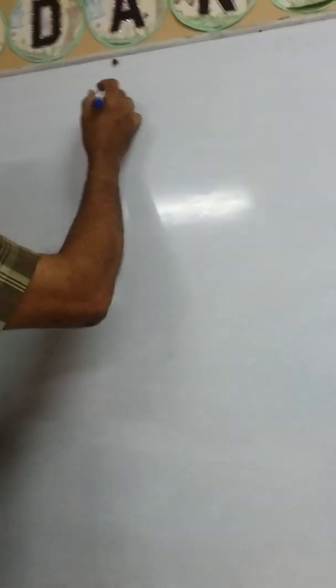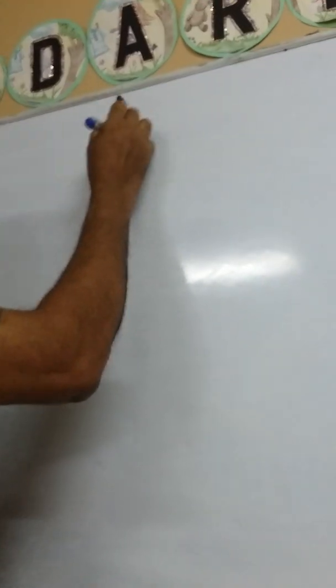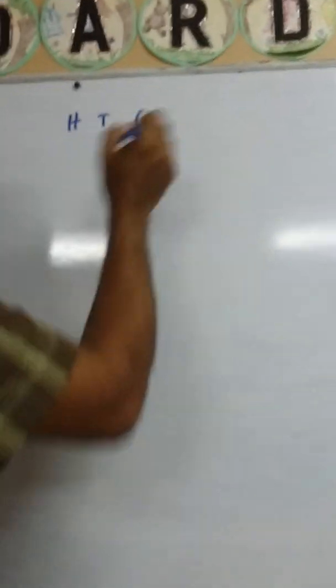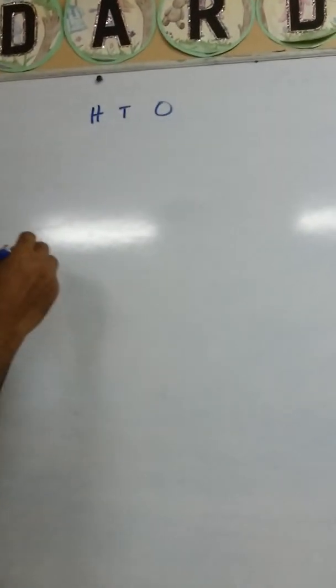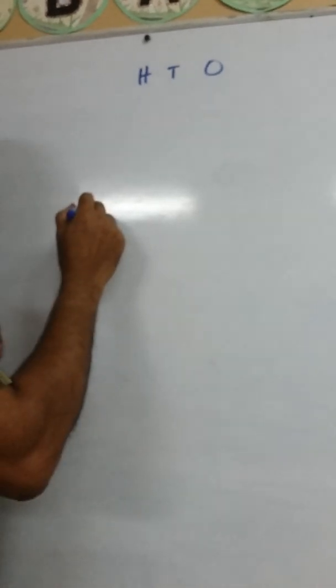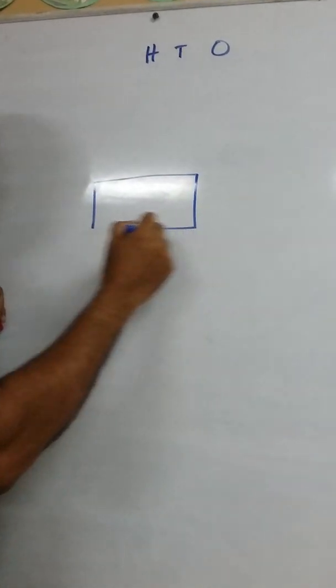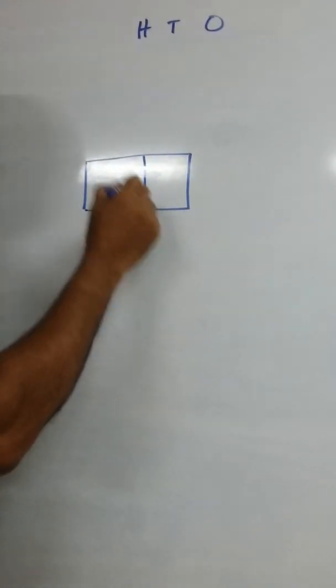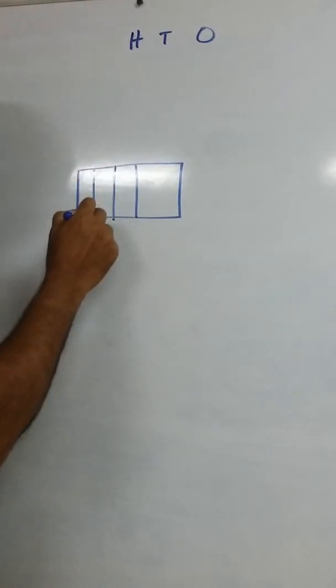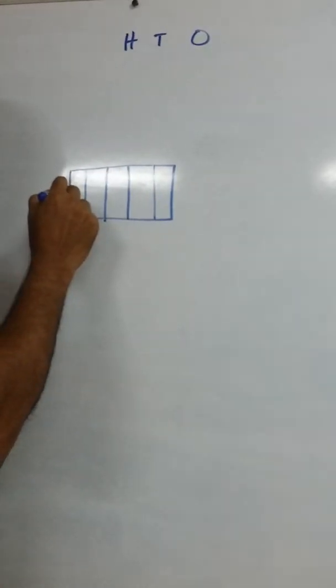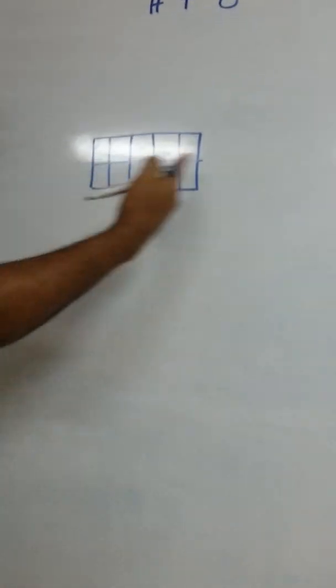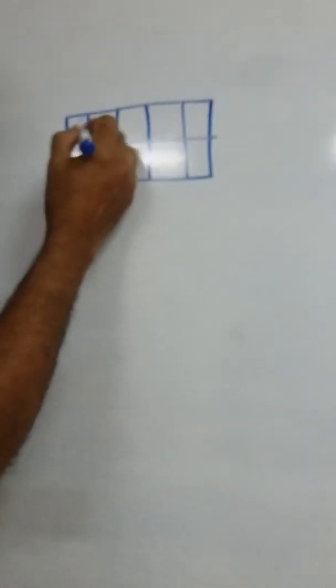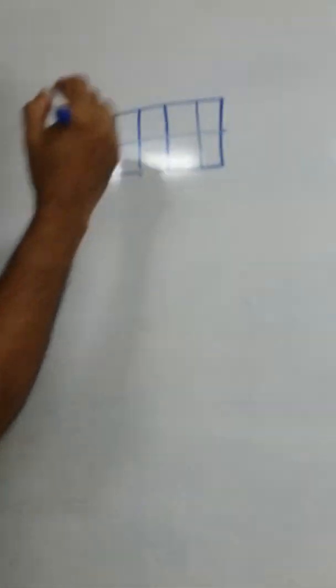Suppose I had a place value chart, hundreds, tens, and ones, and I had a whole cake. And let's say I had sliced my cake into 10 equal slices, and I had one slice.